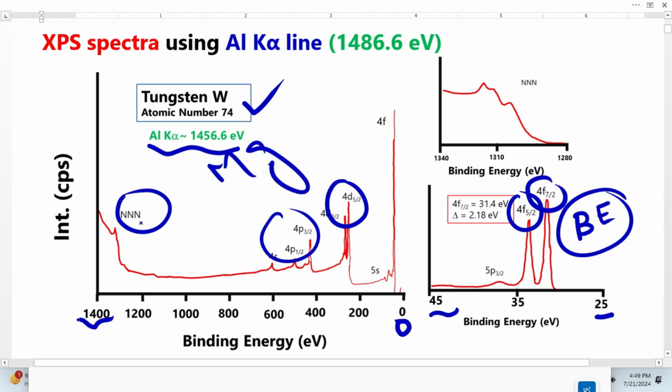But the Auger electron peak, this is the high resolution for the Auger electron peaks, was from 1050 electron volts, and here it now starts from 1280. This is why, when we change the X-ray source, the Auger electron peaks or Auger electron binding energy change, while there is no change in the photoelectron peaks or photoelectron binding energy.